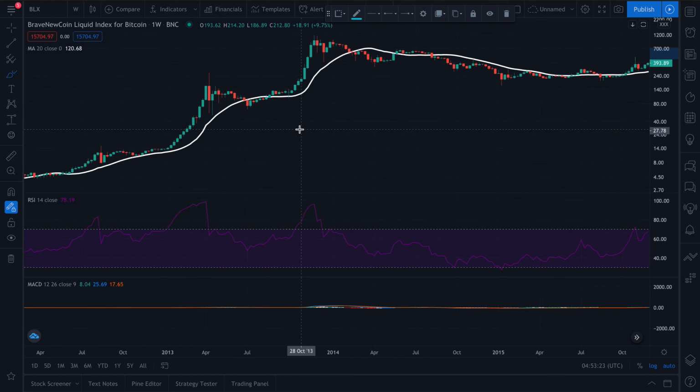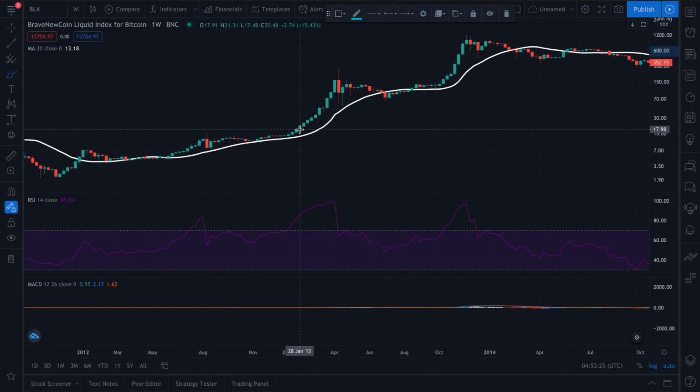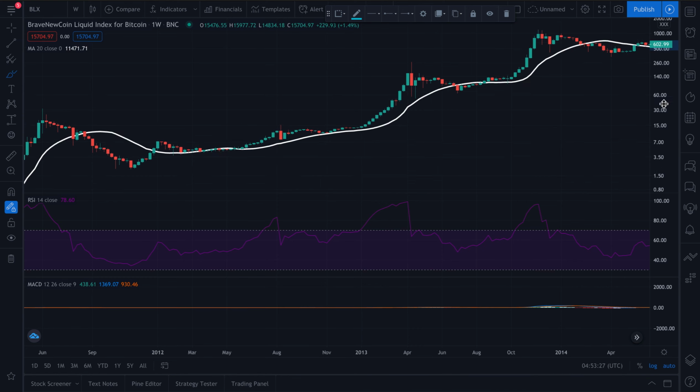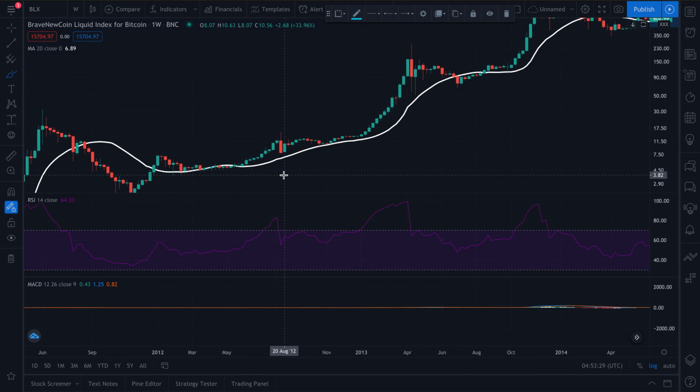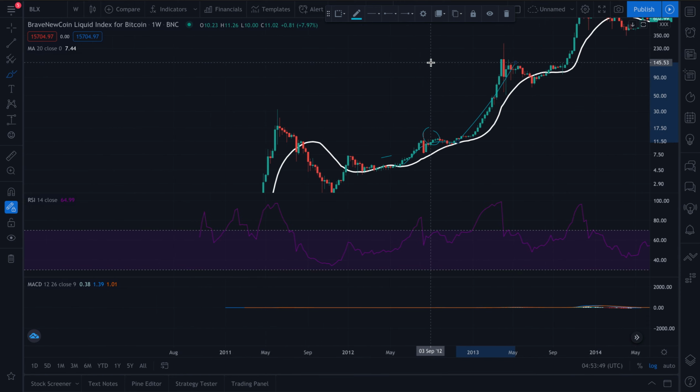So here, look at what Bitcoin did, and it's quite amazing. September 1st was right here, around this time. We had just made contact with the 20-week moving average, and moved up, retraced, made it as support a second time, and continued the rally.